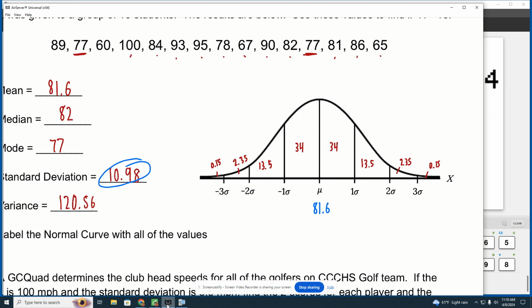What's 81.6 minus 11? Minus 11? Let's go the other way. What's 81.6 plus 11?